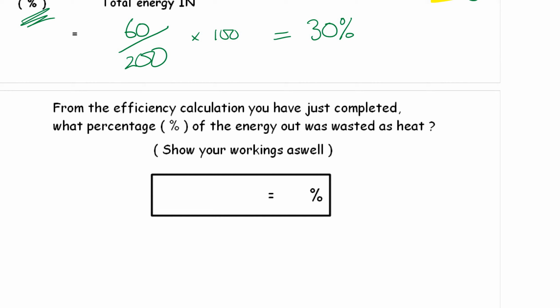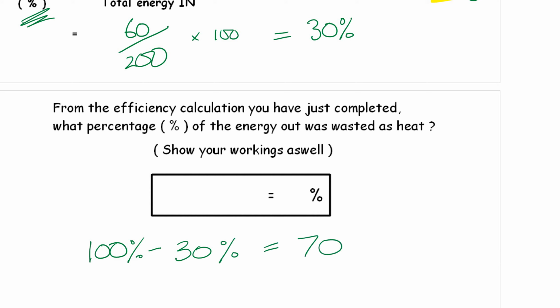So, from the efficiency calculation that you have just completed, what percentage of energy out was wasted as heat? You had 100% of the energy that went in. That was electric. 30% of it was usefully converted into light.